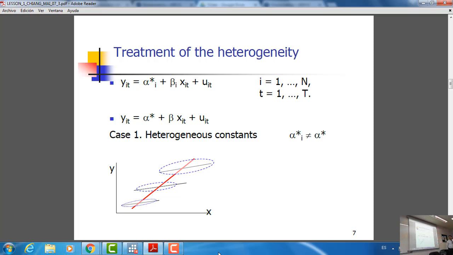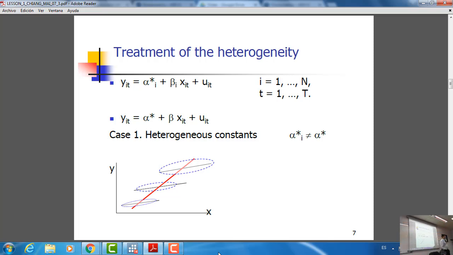model the three individuals. If we forget about the heterogeneity and think that the 3 individuals behave exactly the same with respect to constant and with respect to the slope, then we have problems, because then we are pulling the 3 individuals together, and if you pull the 3 individuals together, you will get the red line.